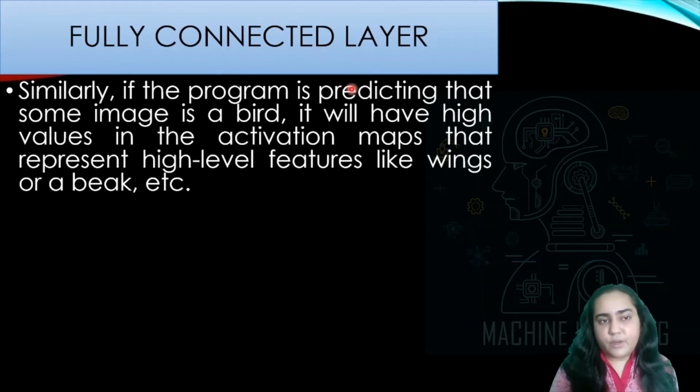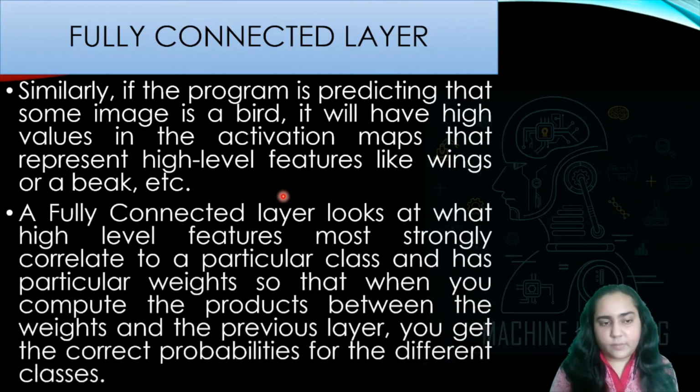And similarly, if you had a program that had to predict some image of a bird, then it would have high values in the activation maps where there are features like wings of a bird or a beak or something.